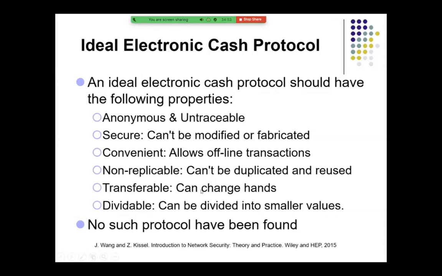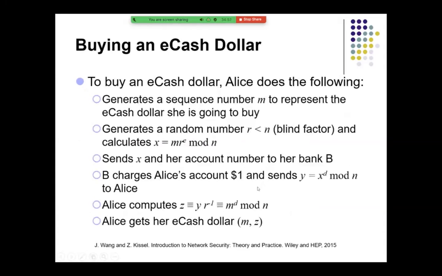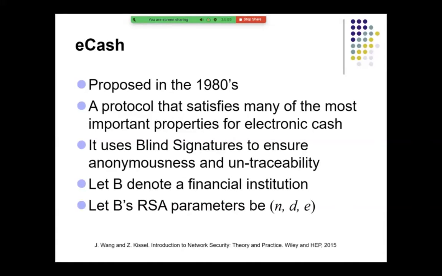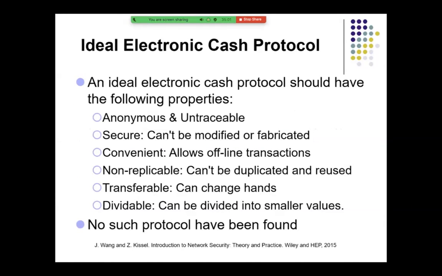You can give this copy to somebody else, and that person can use it as cash. And the last one is dividable. It can be divided into smaller values. So these are the ideal properties of an electronic cash protocol that we really like it to have.